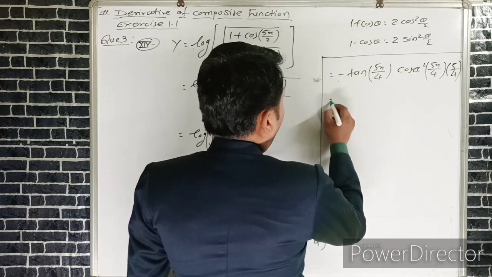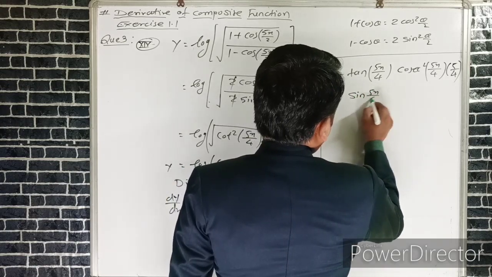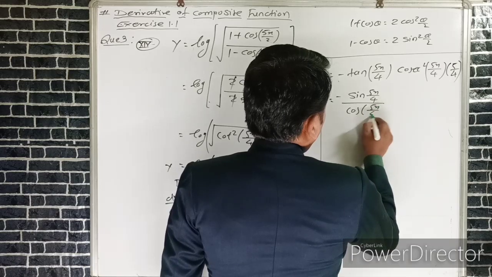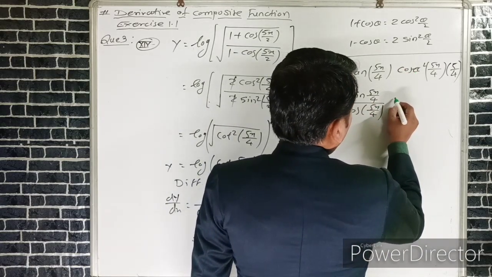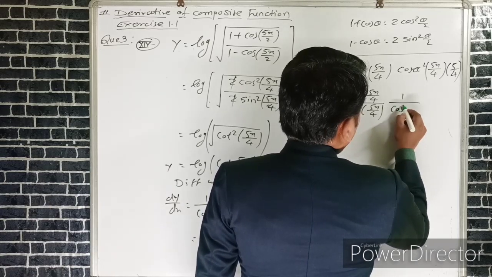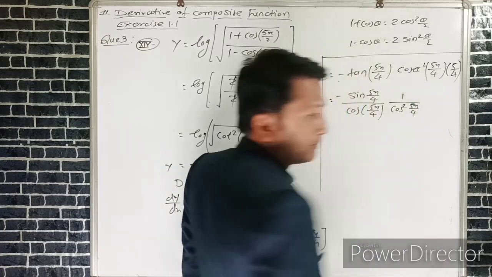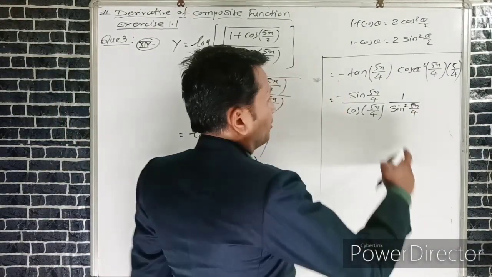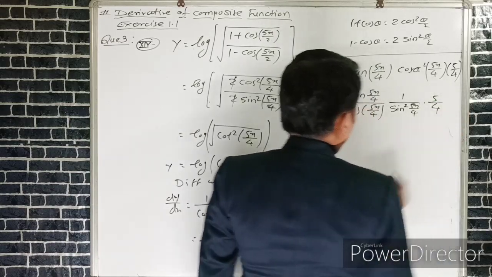Here 1 upon tan means minus sin of 5x upon 4 upon cos of 5x upon 4. After that cosec square means 1 upon sin square 5x upon 4 into 5 upon 4.